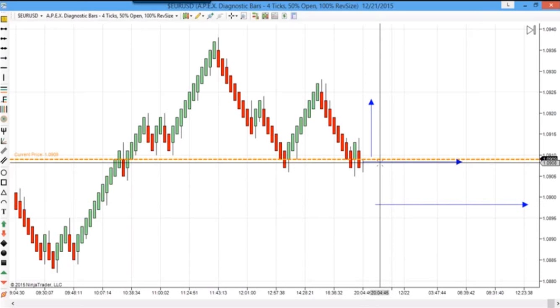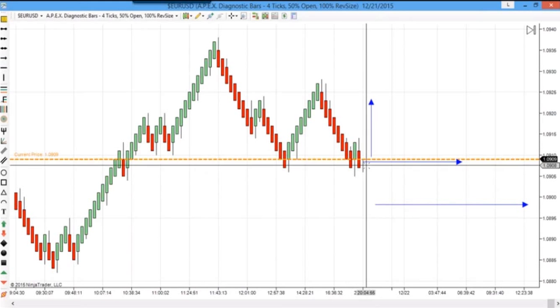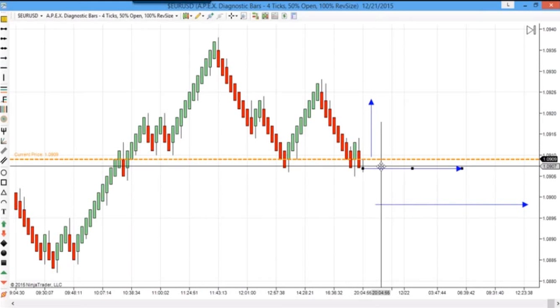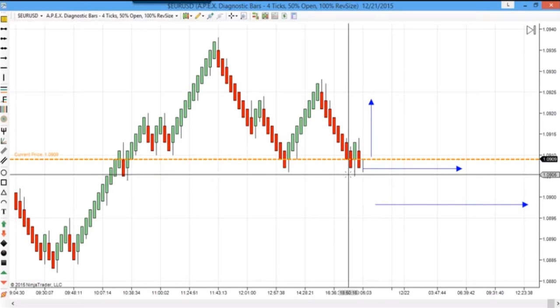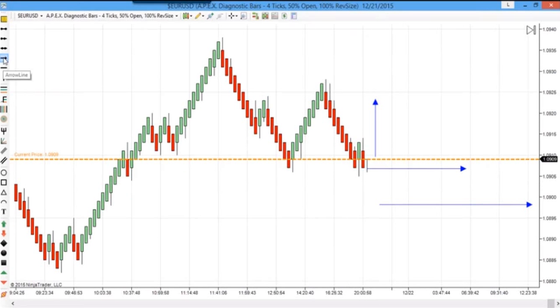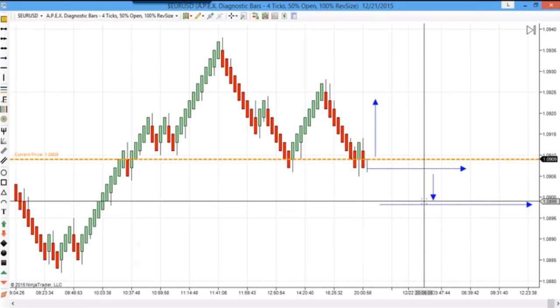Do I win or lose? I still win, right? What happens if I buy this binary and the market starts to come down, all the way down to right here, and then it expires? Do I win or lose? I still win, okay?